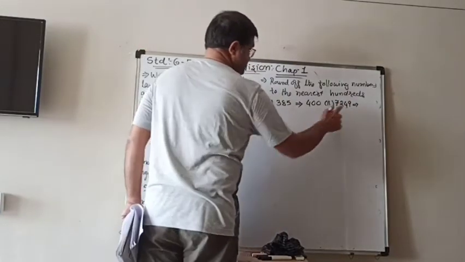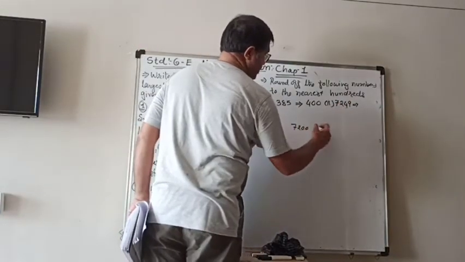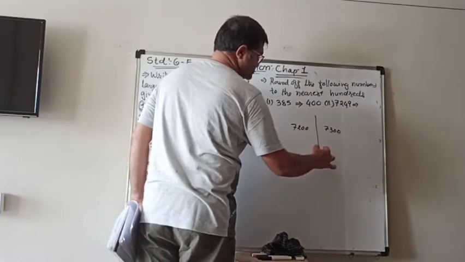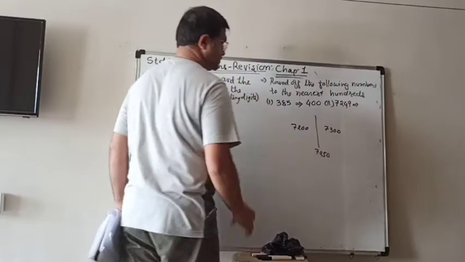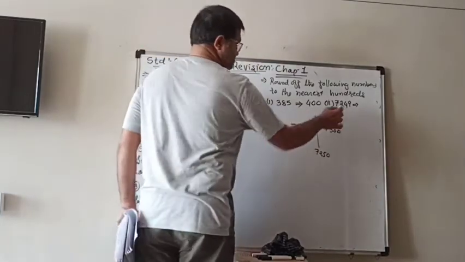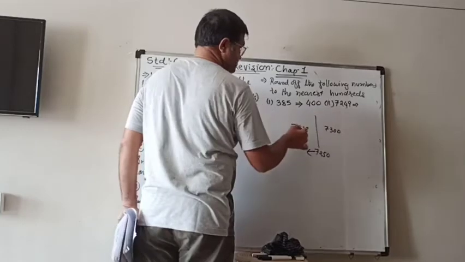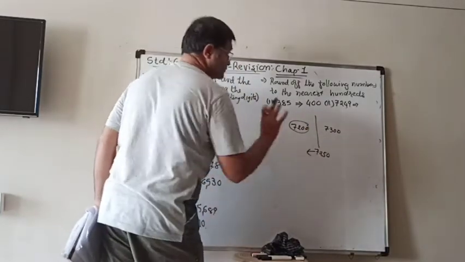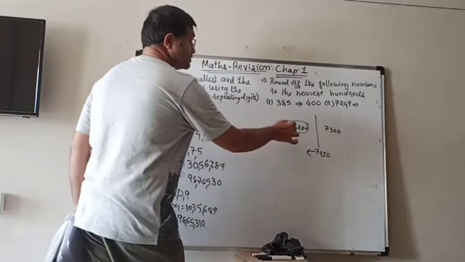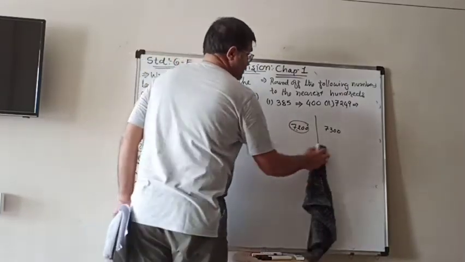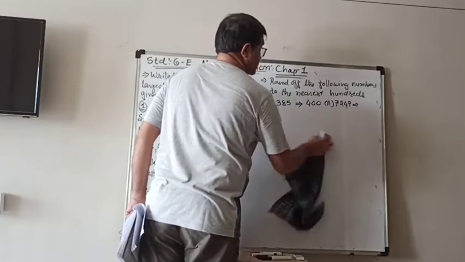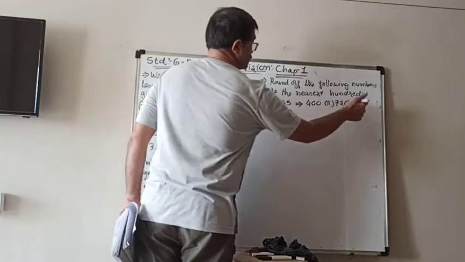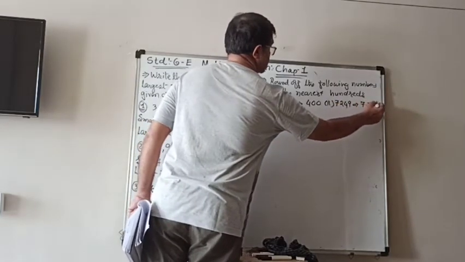So this number is between 7,200 and 7,300. The middle one is 7,250. So it is on this side, more closer to 7200. Doesn't matter that it is one number, it remains here. So the nearest hundreds of this will be 7200.